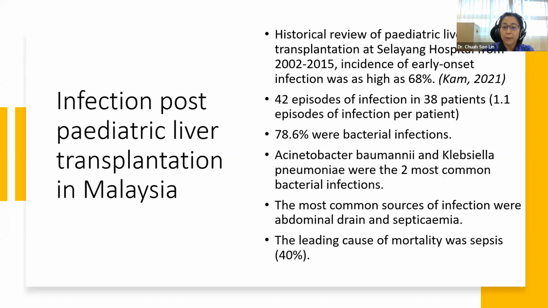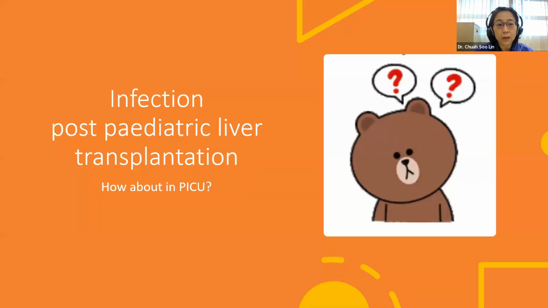Among all the mortalities, sepsis contributes 40%. So we have an overview of infections post-liver transplantation in Malaysia, but there has not been a report on infections in the PICU.